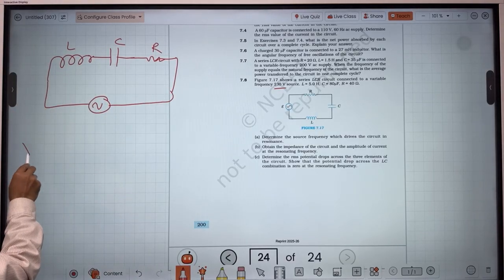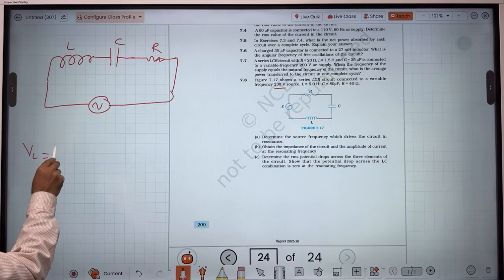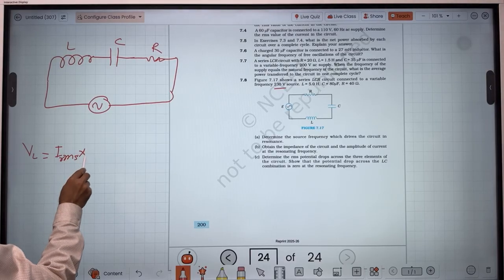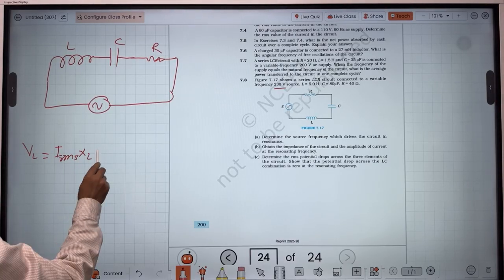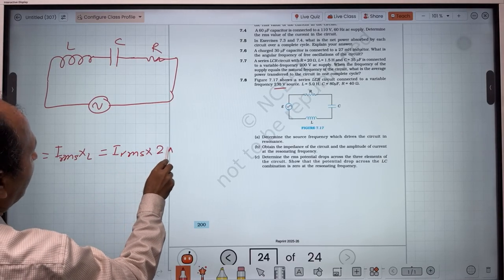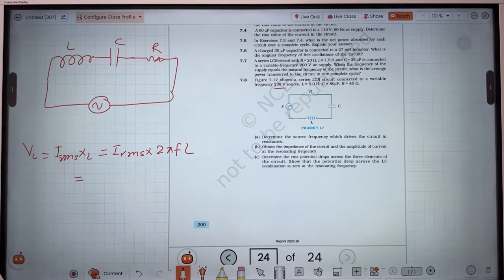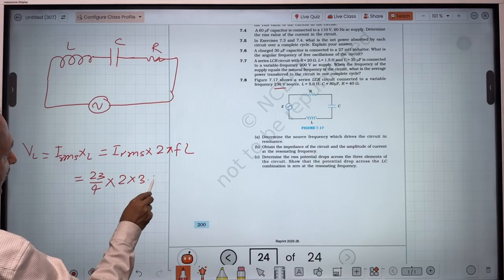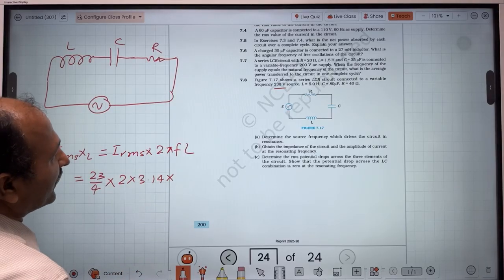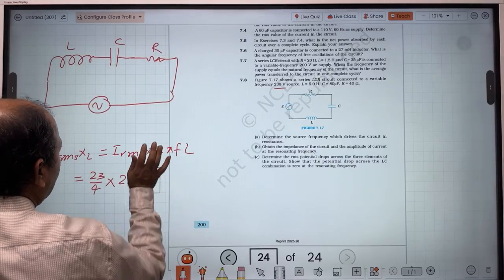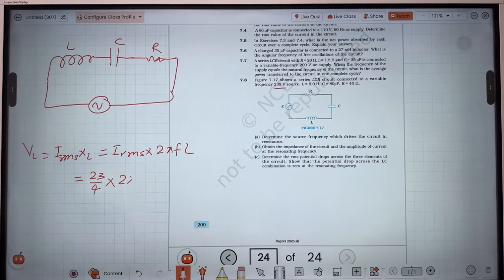So here the voltage will be VL. VL will be the RMS current into XL, right? So IRMS multiplied by 2 pi FL. We put the values. We have got the value of IRMS as 23 by 4, into 2 into 3.14 into the resonant frequency. We have evaluated 2 pi f, so we can write the direct value.